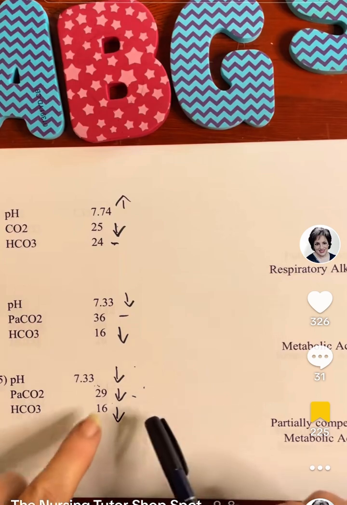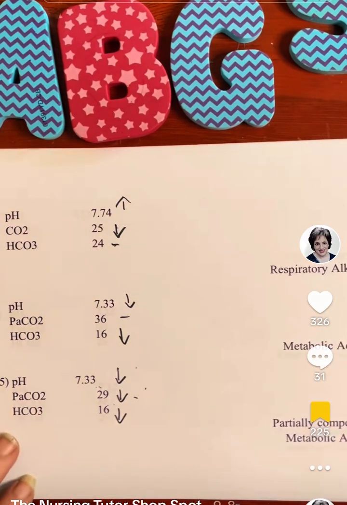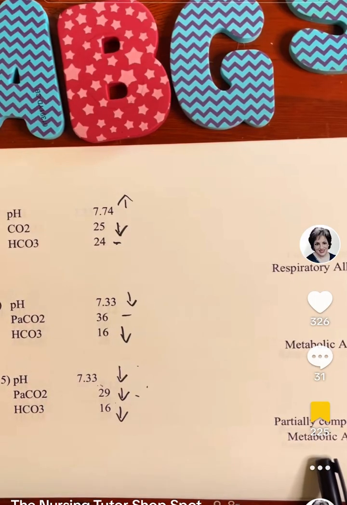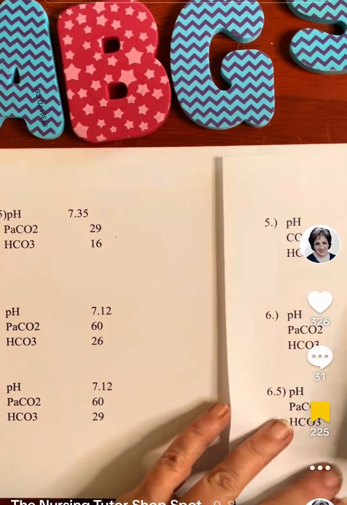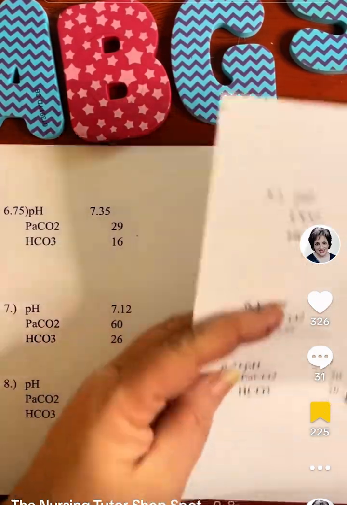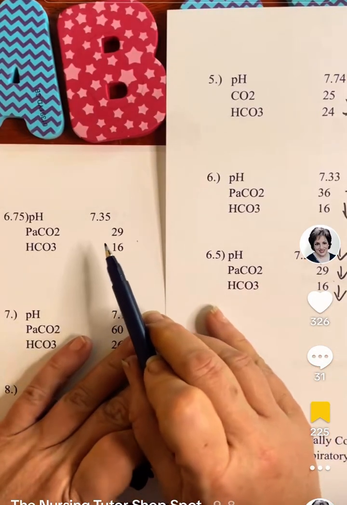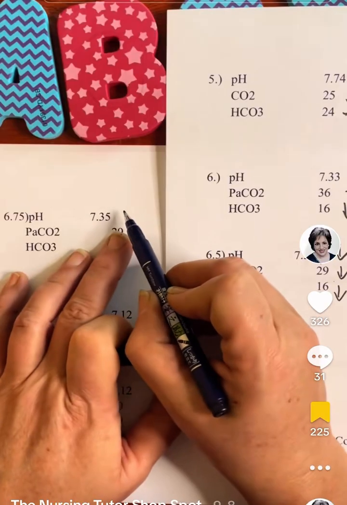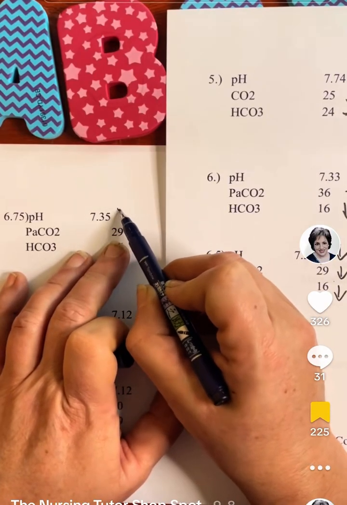I got one where the CO2 is high. I'm going to talk to you about that here in a second. So this would be partially compensated metabolic acidosis. Now look here. I did this same thing. I'm going to leave this here so you can see. So now this one has a pH of 7.35, and that's good. Although it's on the low end, it's good.